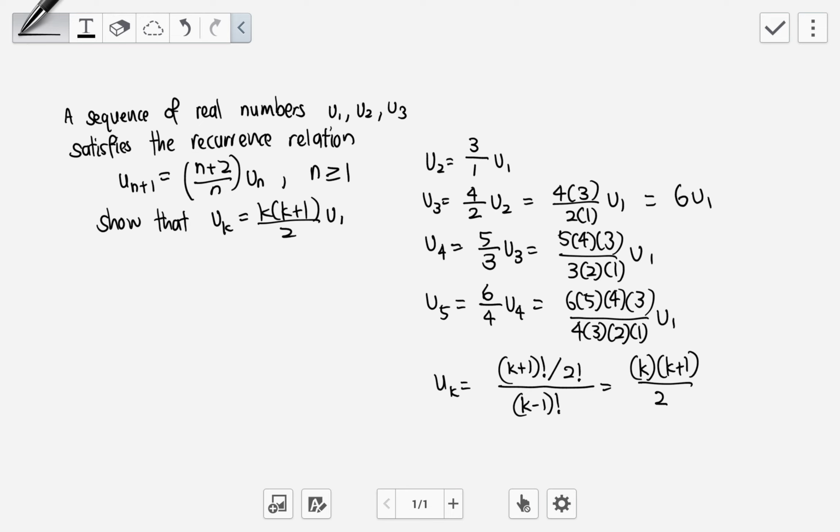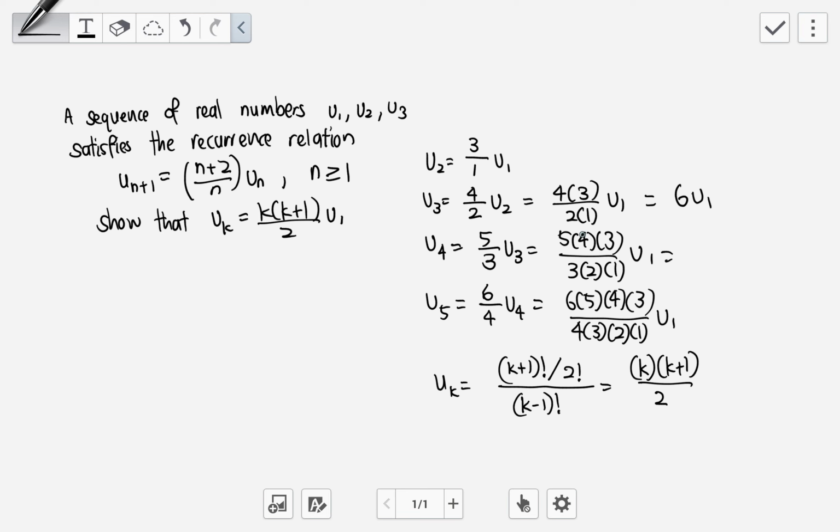So whenever you're doing this, try to leave it in this form, and leave the working so that you can see a pattern. Don't multiply in and don't evaluate to get this number, because if you get the number straight away, 2 times 3, you get 6u1, and then you will realize that it's very hard for you to get the pattern.